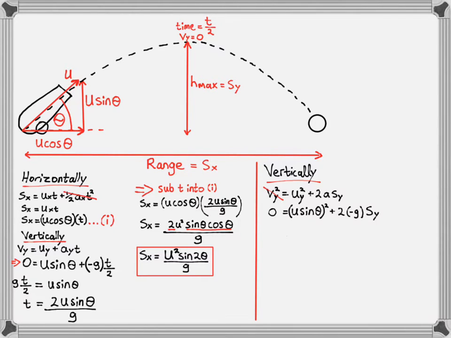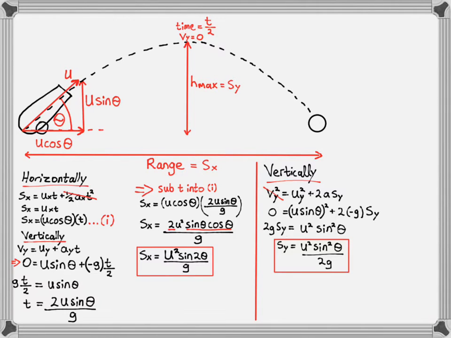So I bring my minus 2g times sy over to the other side, and it changes sign, so I get 2g times sy is equal to u squared sine squared theta. I rearrange this to get sy by itself, and I have that sy equals u squared sine squared theta all over 2g. So that's an equation for the maximum height that doesn't involve time.